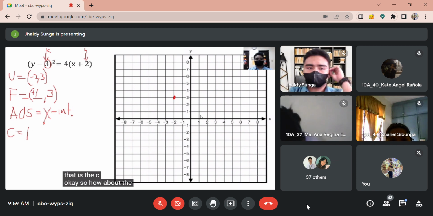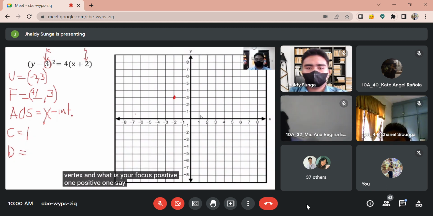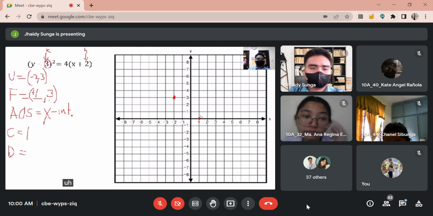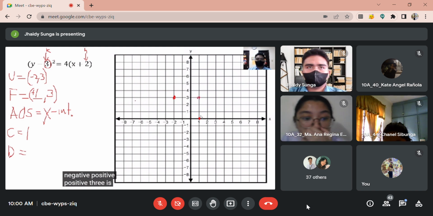So how about the directrix? If you said that you have the vertex, what is your focus? Positive 1, then what's next? Negative, positive 3. Is this your focus? That's my question. Isn't it that we are going to add 1?